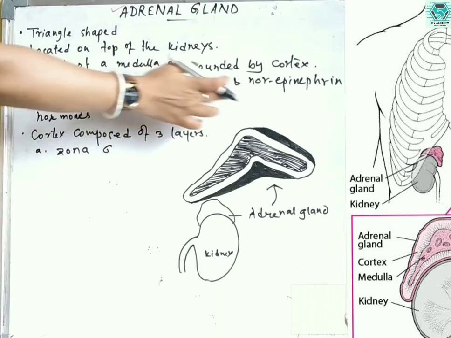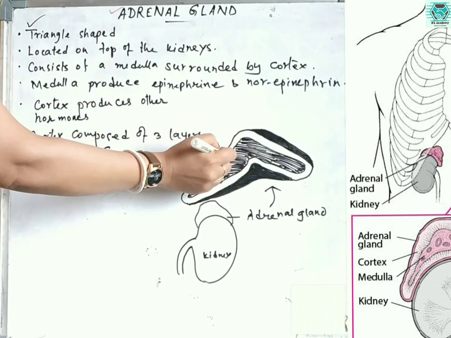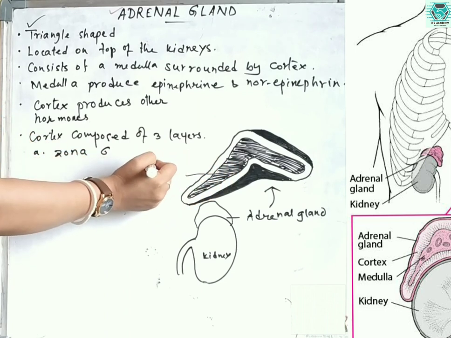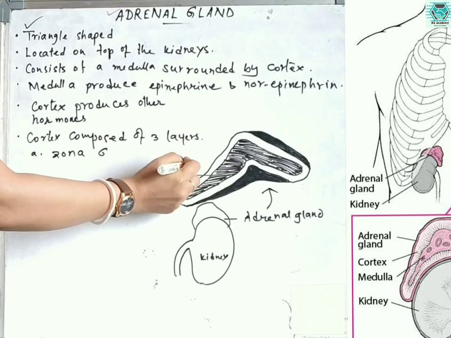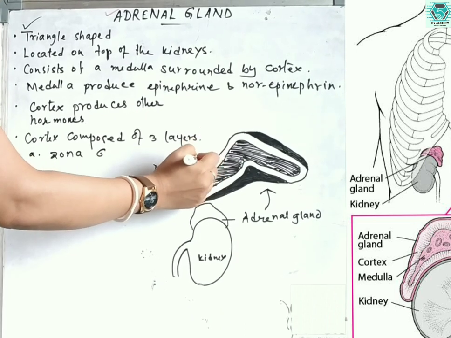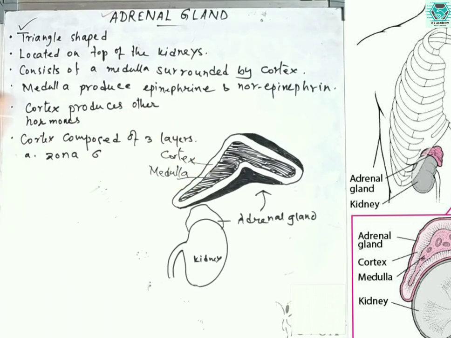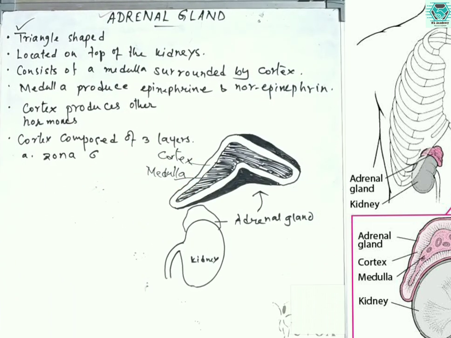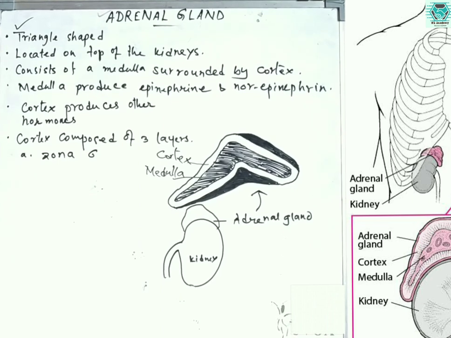It is a triangular shaped gland, and this portion is the medulla, and this one is the cortex. The medulla is surrounded by the cortex.